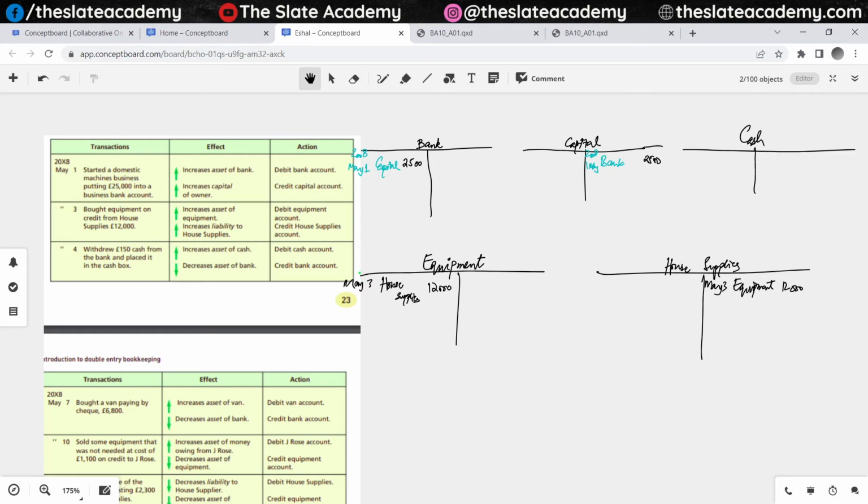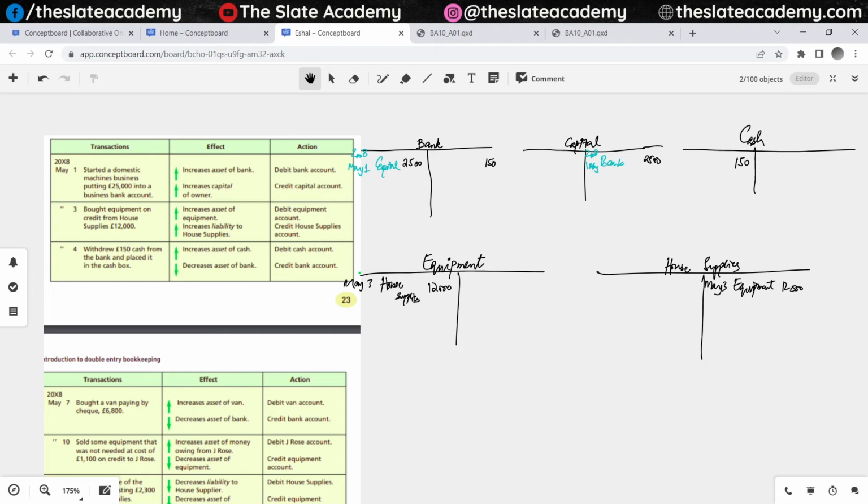The asset of cash is increasing by how much? By 150. Since cash is an asset, an increase is recorded as debit, and bank is also an asset, a decrease in asset is recorded as credit, so I credit the bank.